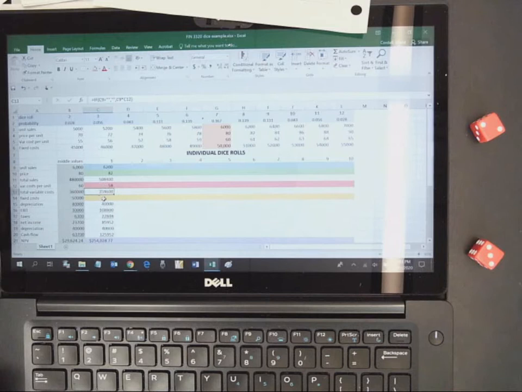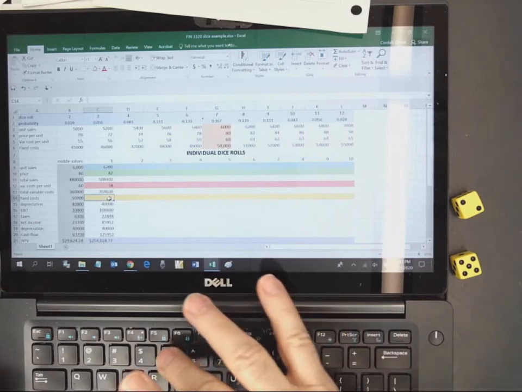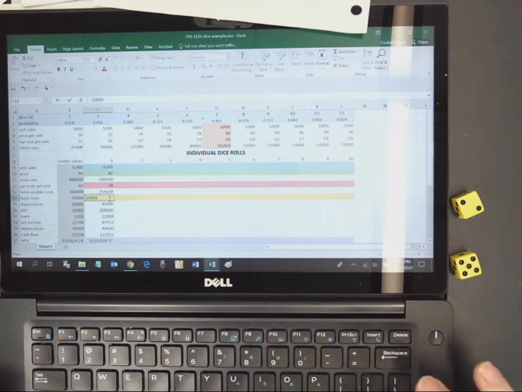Then I'm going down to fixed costs, and I roll a 7. A 7 for fixed costs would be 50,000, so I'm going to enter 50,000. And this calculates a net income of 46,452, a cash flow of 86,452, and an NPV of 111,000.